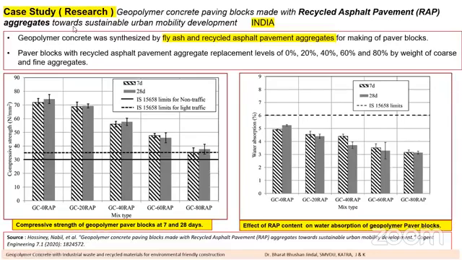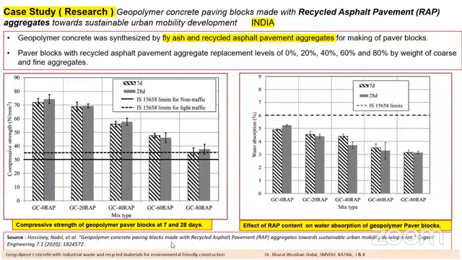Now, one case study, which is also research: geopolymer concrete paving blocks made with recycled asphalt pavement aggregate. That is the recycled aggregate basically. When asphalt pavement is broken down into pieces and aggregate is prepared, it is recycled aggregate towards sustainable urban mobility development. This research is from India, and I have mentioned the paper.